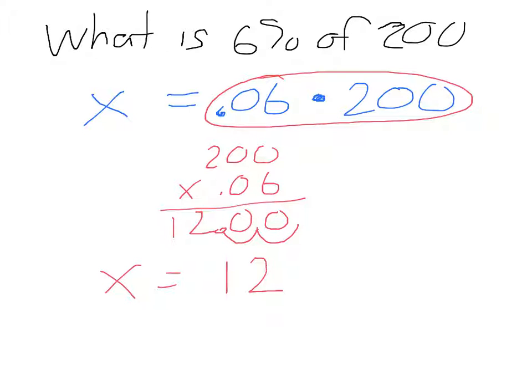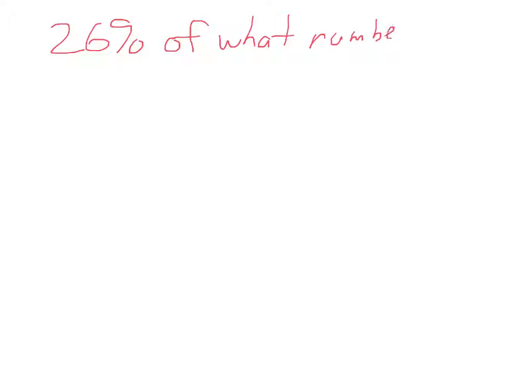What happens when 200 is the variable? Let's take a look at something like that. What if I said to you, 26% of what number is 45? 26% of what number is 45?